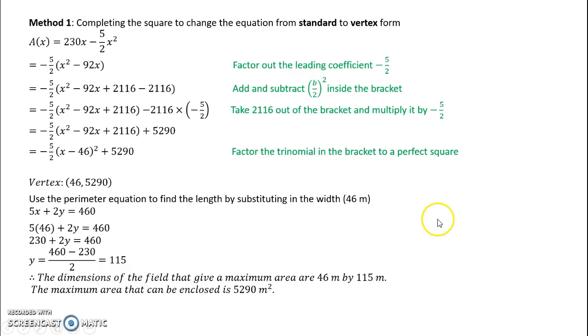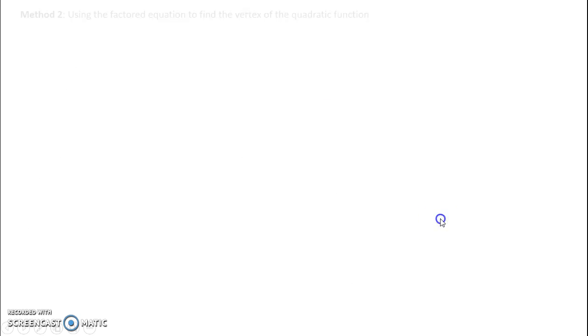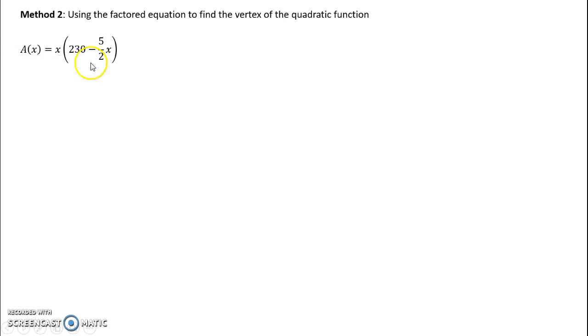Now we're going to look at the other method. So the other method involves using the factored equation to find the vertex. Okay, so we begin with the factored equation, and now what we're going to do is we're going to find the roots of this equation, or also known as the x-intercepts of this equation, by setting this equation equal to 0.